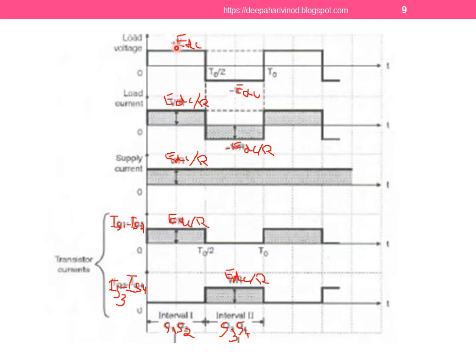In the mode 1 equivalent circuit we have seen that at T naught by 2, S1 and S2 are off and S3 and S4 are on.